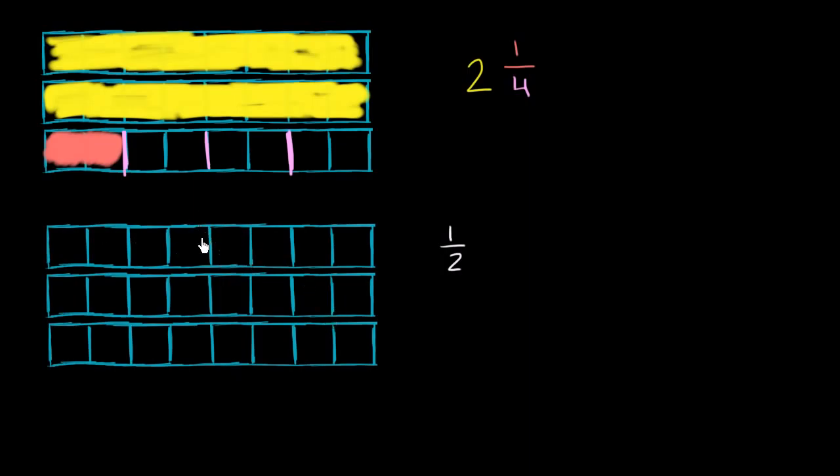Well, if I take one of these wholes and put it into 2 sections, a half would be this section right over there. So let me color that in. I'm first going to add a half, which is the same thing as 4/8. You see that I just filled in 4 out of the 8 sections, which is exactly half of this first whole. So we're making some progress.